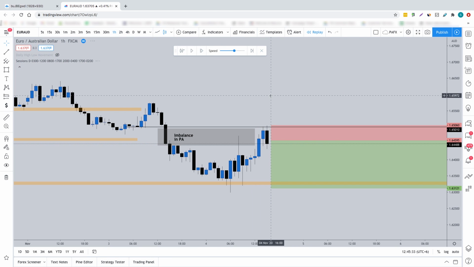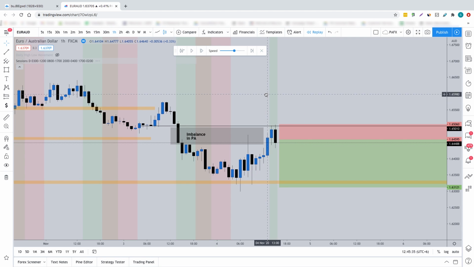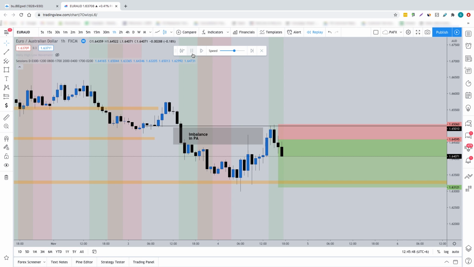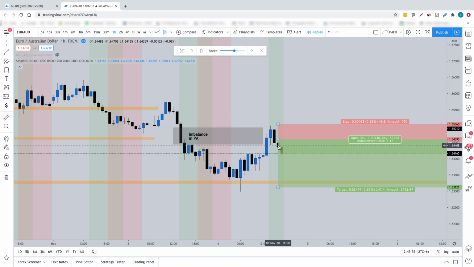All we were looking for was a final confirmation for the entry, and as soon as we saw that a 1-hour engulfing candle was forming, we were ready to put on our sell order. And let's just see what happened next. As soon as this 1-hour candle closed, and the next 1-hour candle started going up to retest this engulfing candle, we entered with our sell positions with a 46 pips stop loss.